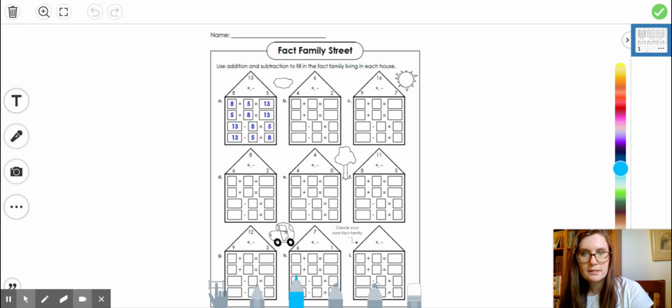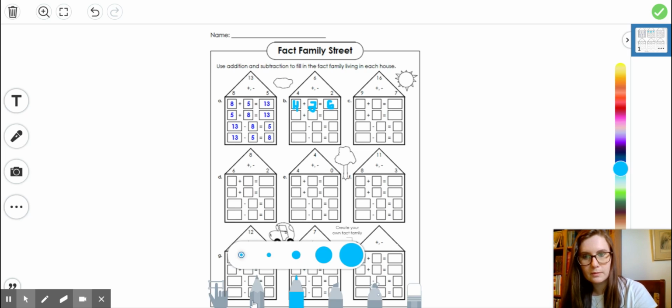So I'm going to take my pencil and again, I'm not adding anything to this family. So I'm going to start with 4 plus 2 is the same as what's the whole, 6.